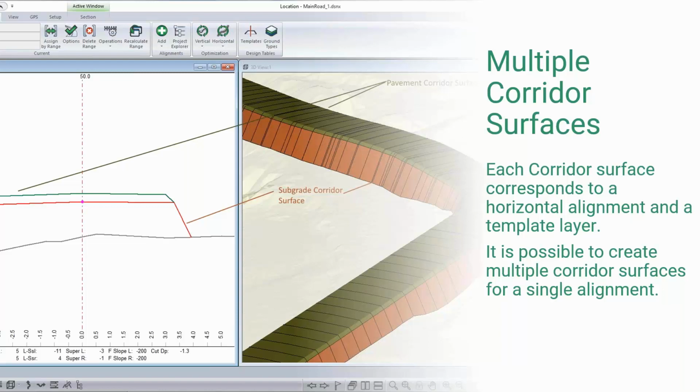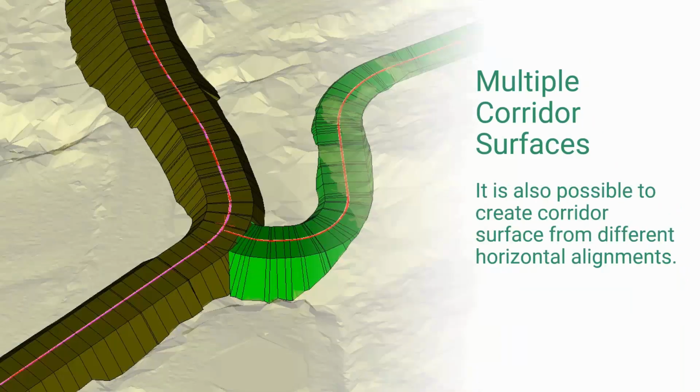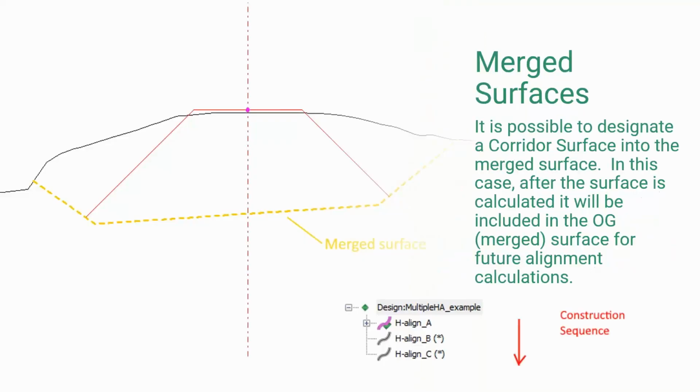So this is really useful as well for working with different horizontal alignments. It doesn't need to just be a single template layer, it can be different alignments, and we can start to control these and work with these with different surfaces. It is also possible to create something that we call a merged corridor surface.